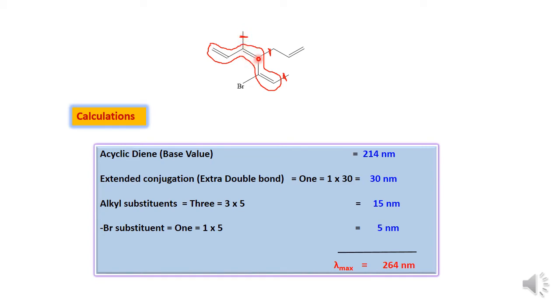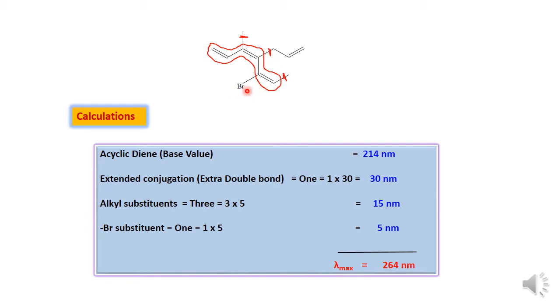And if you look at this carbon you will get this particular substituent. So this is also an alkyl substituent, and for this carbon there is a Br as a substituent. So this Br is also a substituent, and at the last carbon you will get this alkyl substituent. So looking at this structure you will get now three alkyl substituents and one Br substituent.